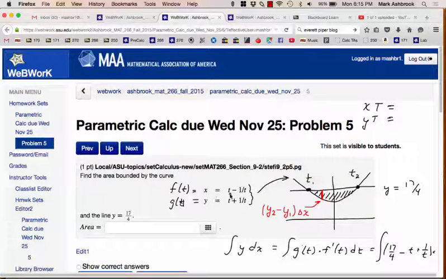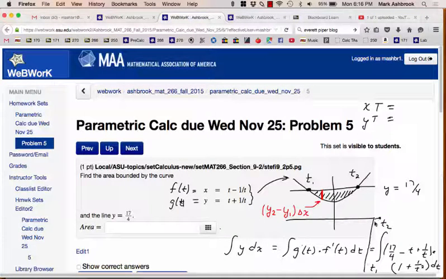So f prime of t is going to be 1 plus 1 over t squared dt. So there's our y2 minus y1 times dx, which is 1 plus 1 over t squared, the derivative of that, dt. So all that's left to do is get the t1 and the t2, and it's going to be that.